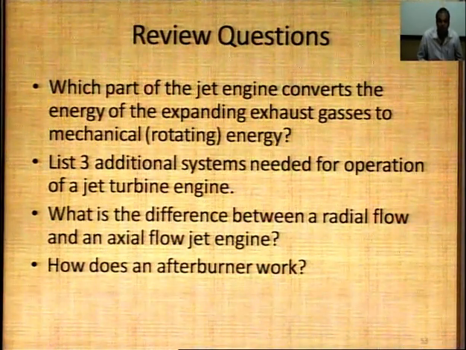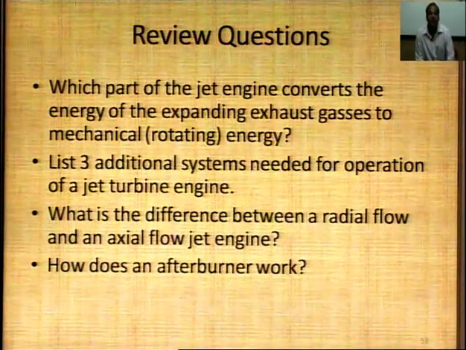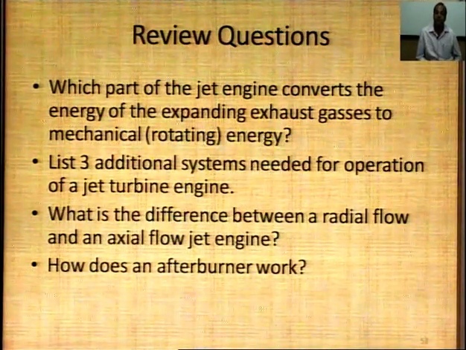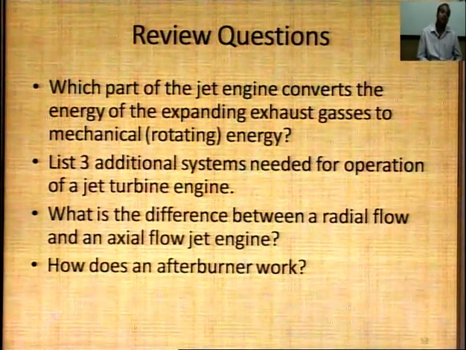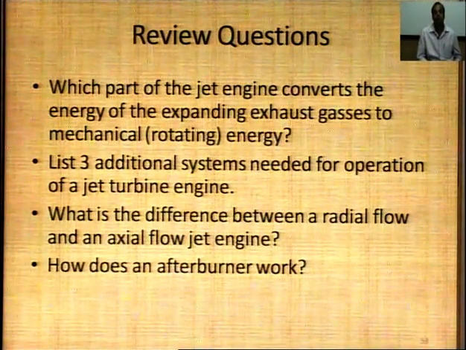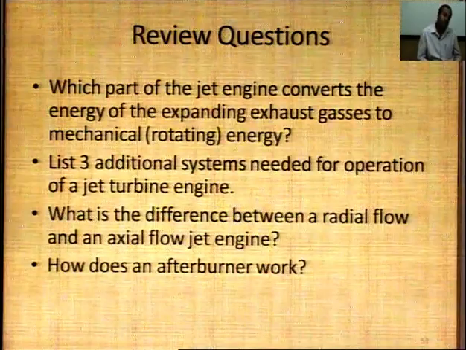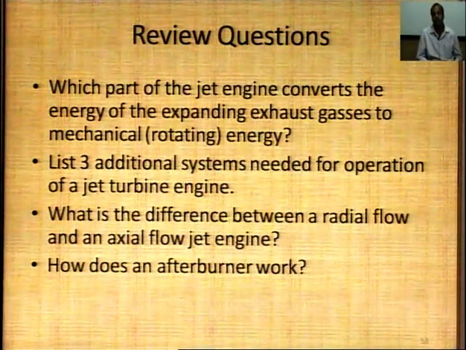Here are some review questions. Let me discuss one by one. Which part of the jet engine converts the energy of the expanding exhaust gases to mechanical energy? Second review question is, list 3 additional systems needed for operation of a jet turbine engine.